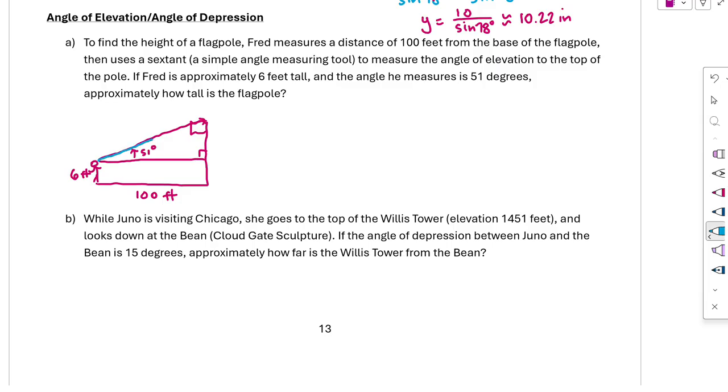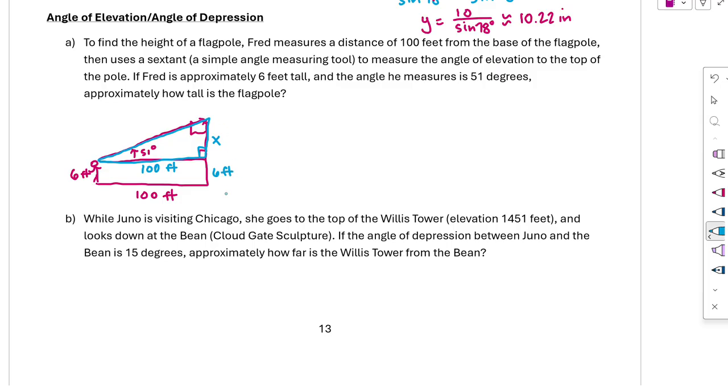So the triangle that we're going to use for trig is right here. Because this would make a little rectangle, this would still be 100 feet. The thing that we're going to find from the triangle is x. And when we find x, we're going to add his height, the 6 feet, to find the total height of the flagpole.